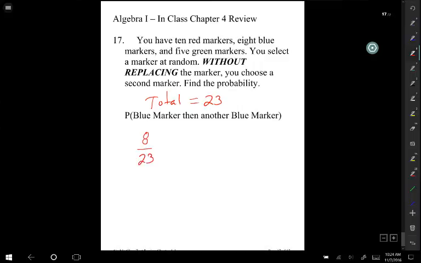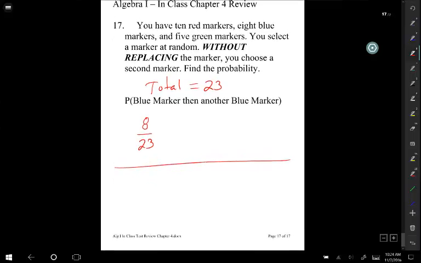Now, the blue marker is gone. So now we have 10 red, 7 blue, and 5 green. What's our new total? 22. What's the chance we pick another blue marker? 7 out of 22.